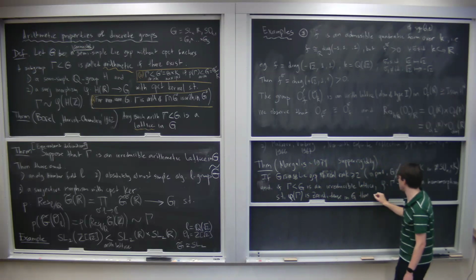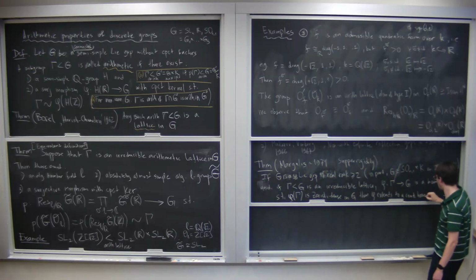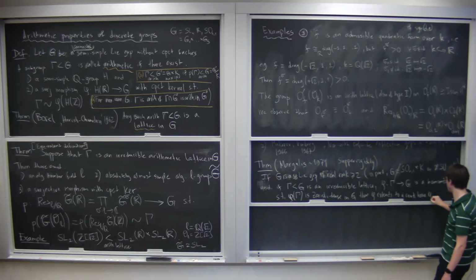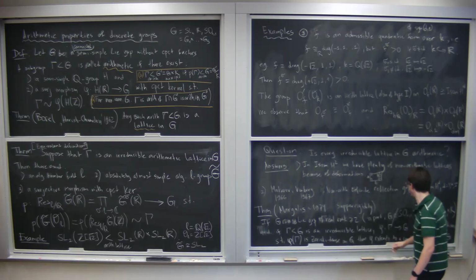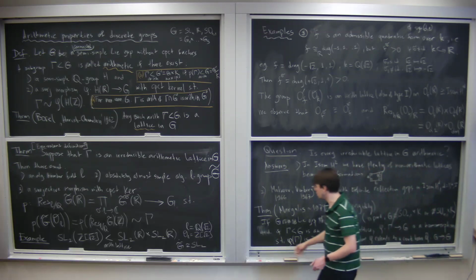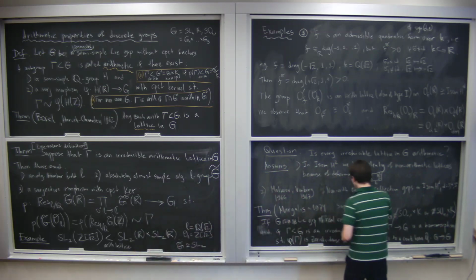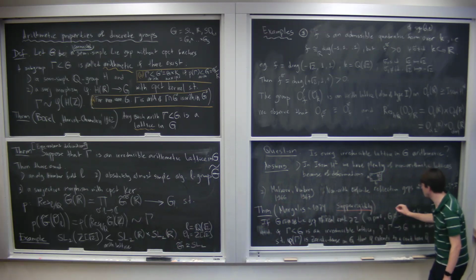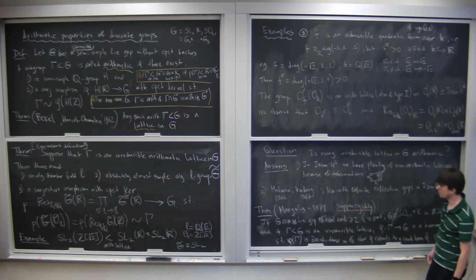Then phi extends to a continuous homomorphism from G to G. This covers the case when you have two lattices, gamma 1 and gamma 2, and you have a homomorphism between them.